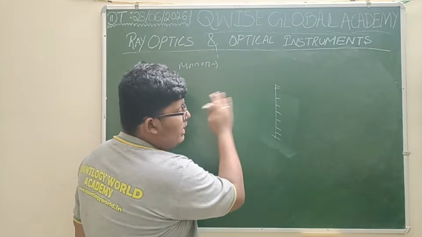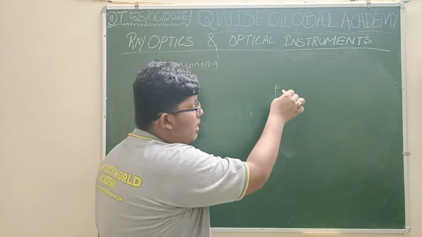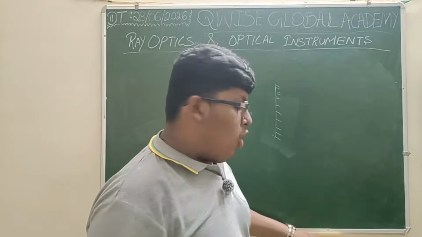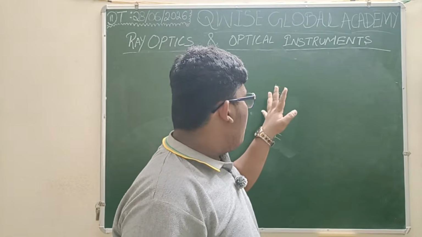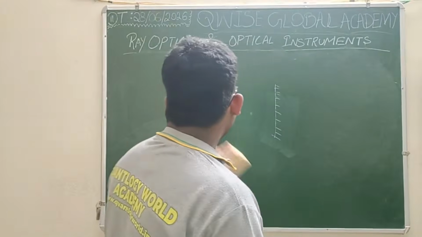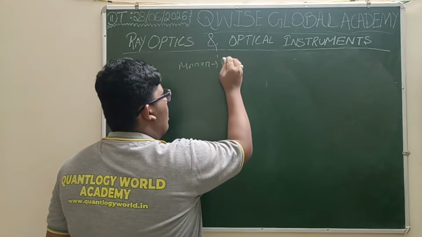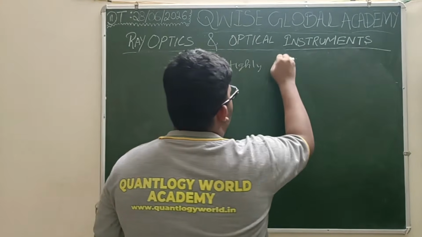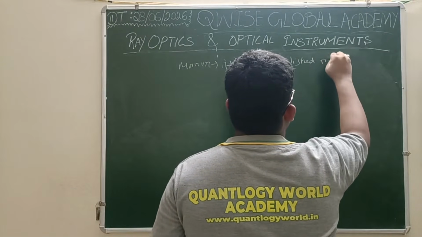This part is the reflecting part, which is highly polished and highly reflecting, and this part is the silver polished part. In all mirrors, the opposite side of the polished or reflecting part is silver polished. You can say highly polished reflecting surface.